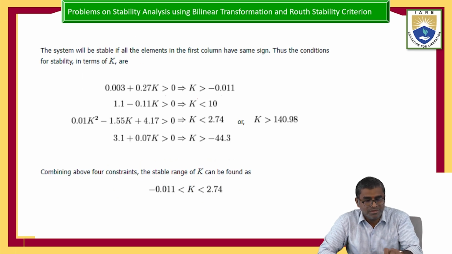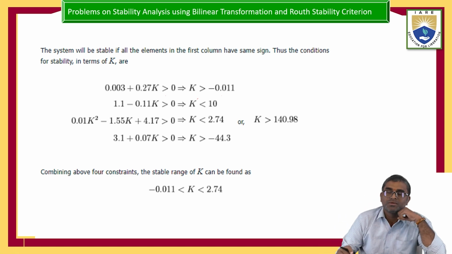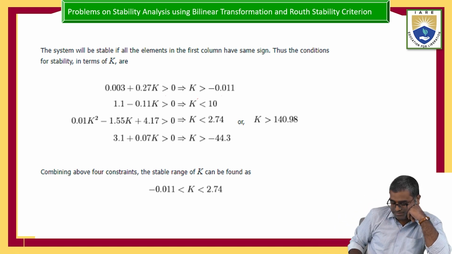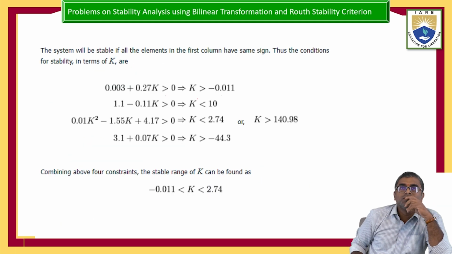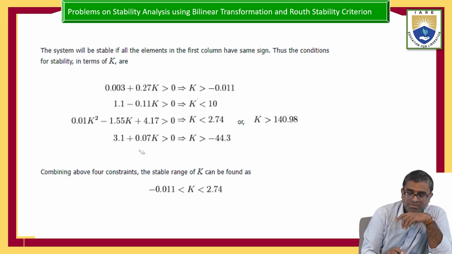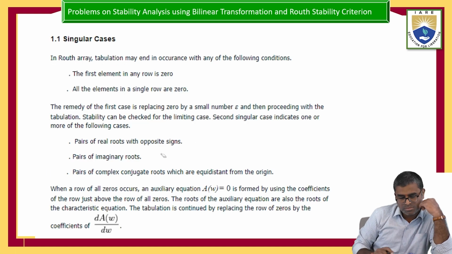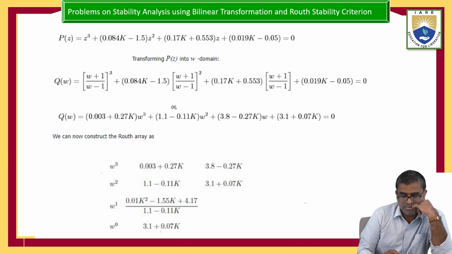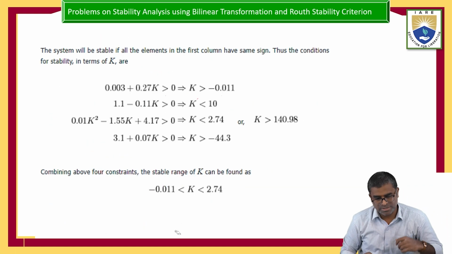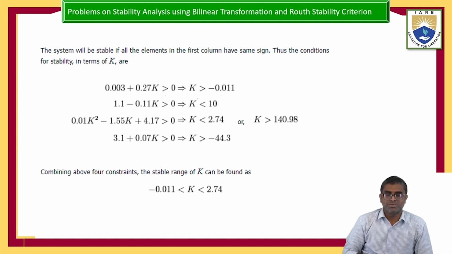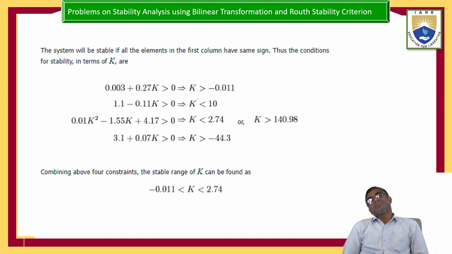We are getting K is less than 0.275 or K is greater than 140. Last one, 3.1 plus 0.07K. Okay. So it is coming to this one, greater than 0. So from that one, we got the K values 4.44. So these are the conditions.